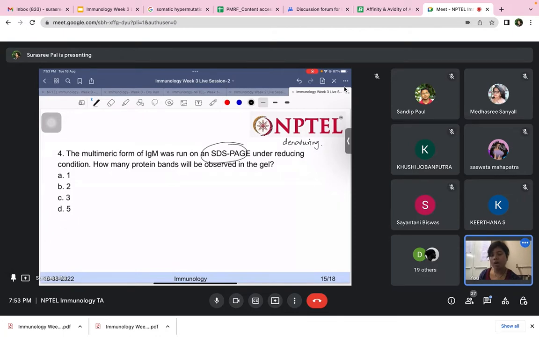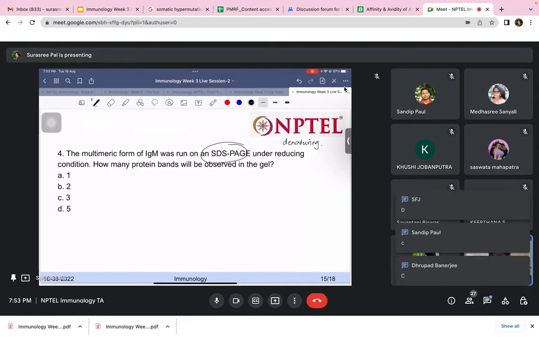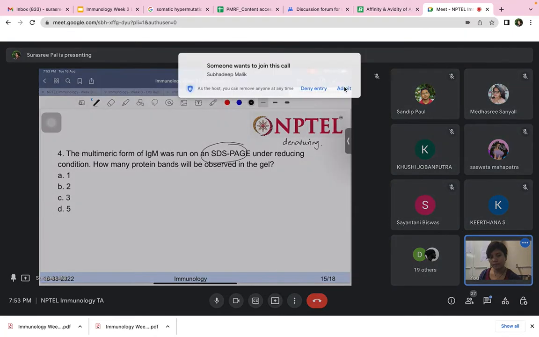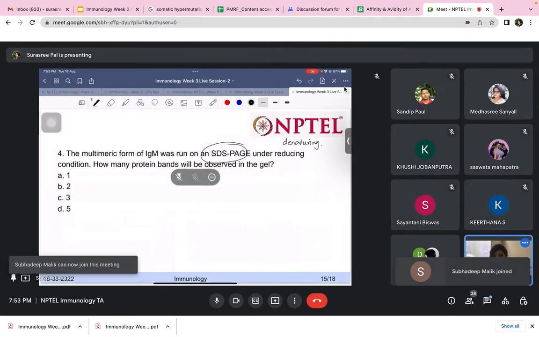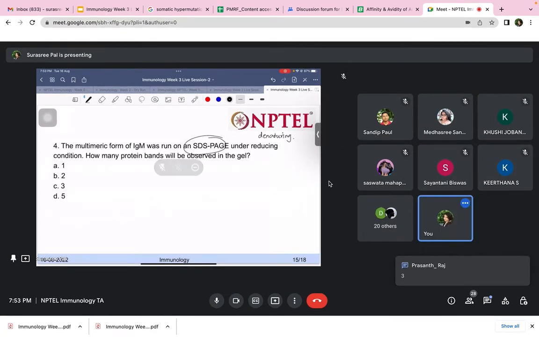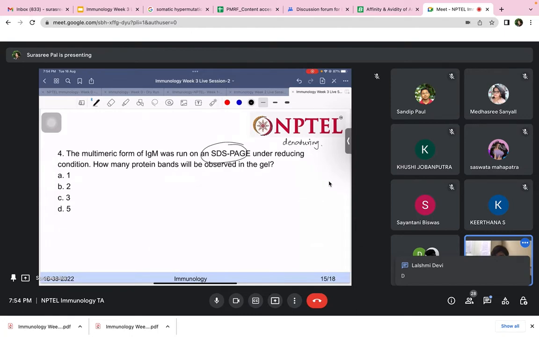What do you think will be the answer? How many bands will be observed? So many of you are saying D, 5 bands will be observed.